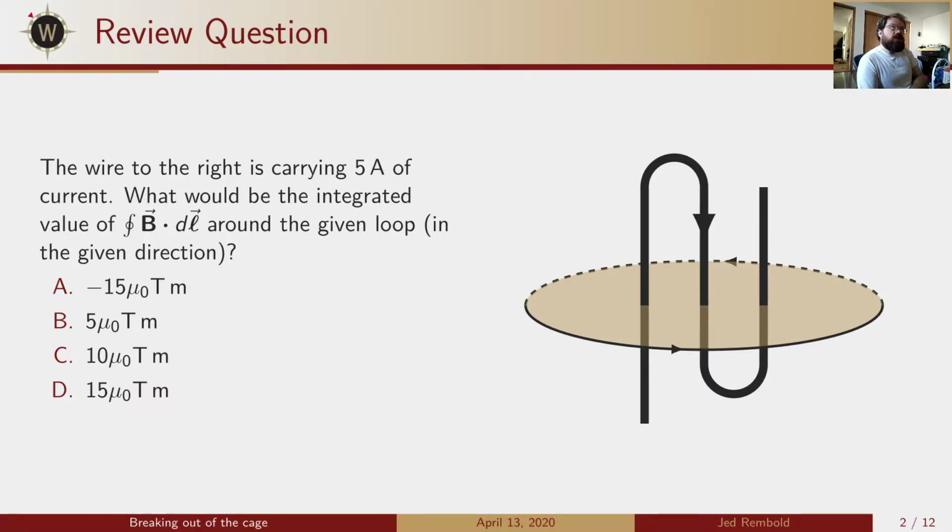My question to you is: if we took a loop, indicated by the hoop there, and we integrated around it the value of B dot dl in the direction indicated, with the little arrows going around the loop in that direction, what would we find for that particular value? What would be the total that we would get in that situation? Okay, I'll give you a few minutes for that, and then we will talk about it, do a little bit more Ampere's law example, and then we will move on.